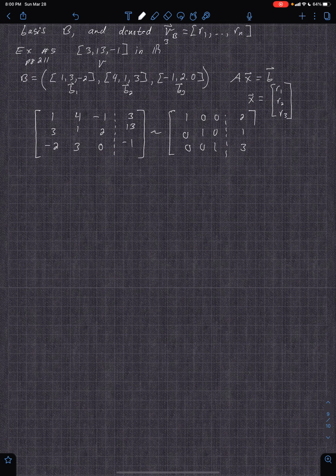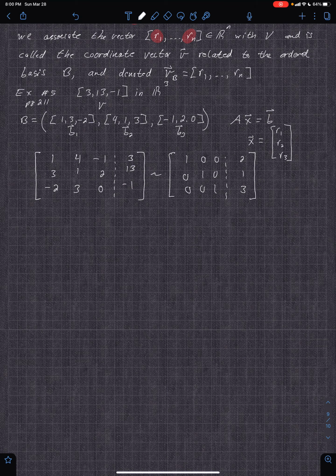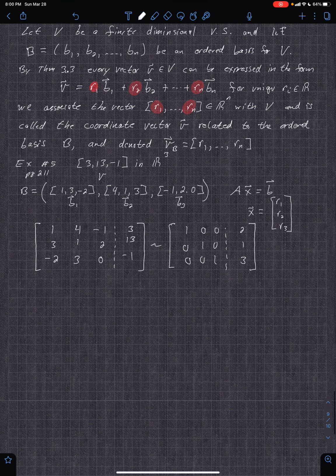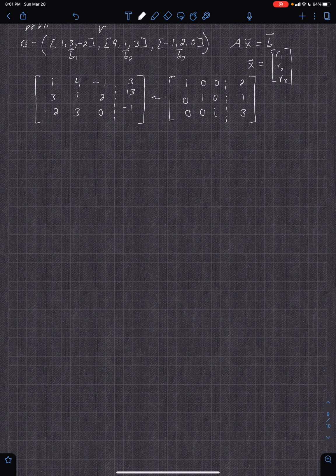So that's your coordinate vector relative to the ordered basis. And so we say 3, 13, negative 1, that's your vector relative to the ordered basis B, equal to 2, 1, 3.